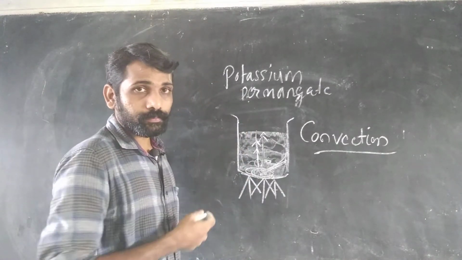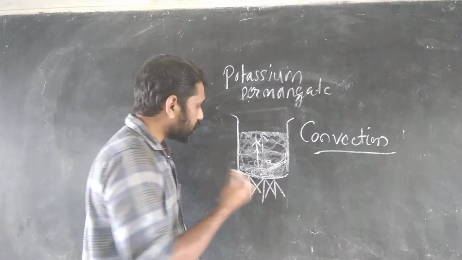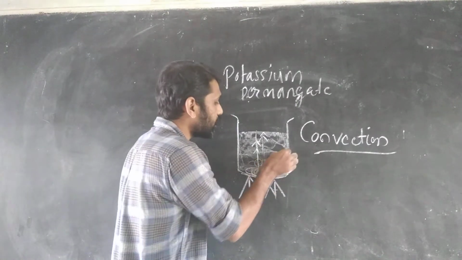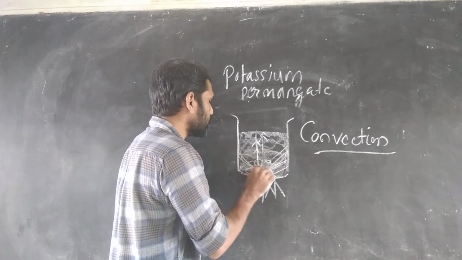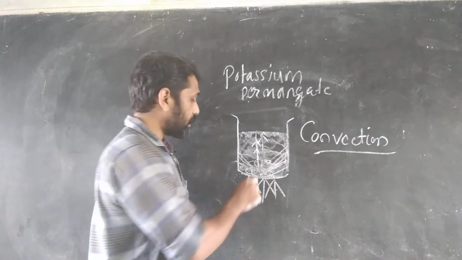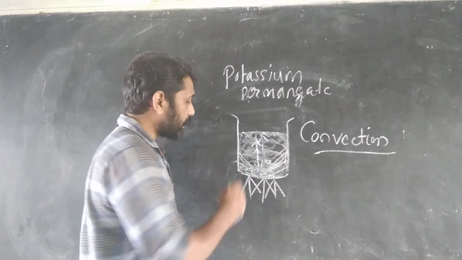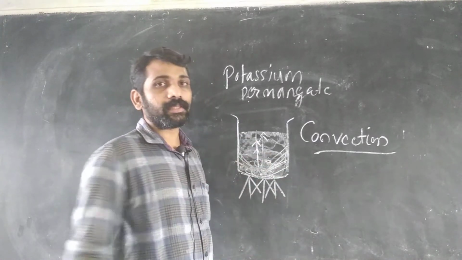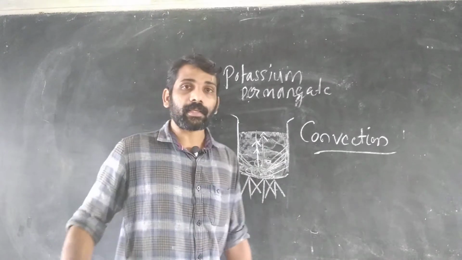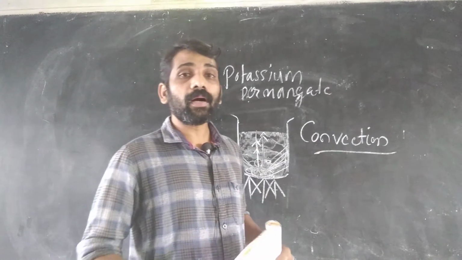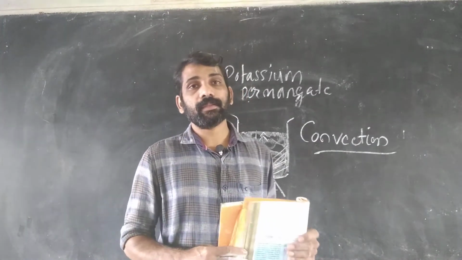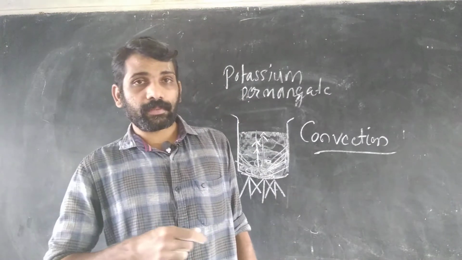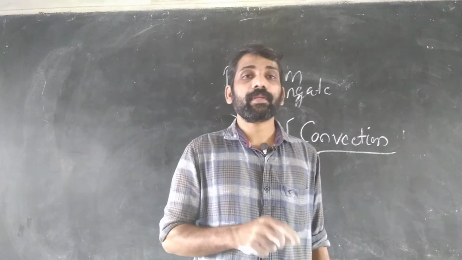Again this space becomes empty, and the water on the sides comes and is heated. This process is continued until all the water in the beaker is heated. So this process is called convection.